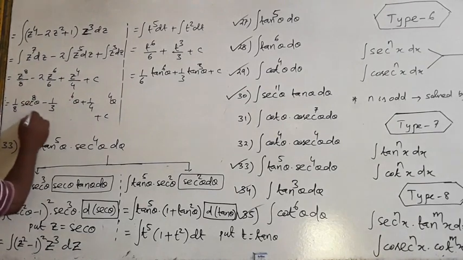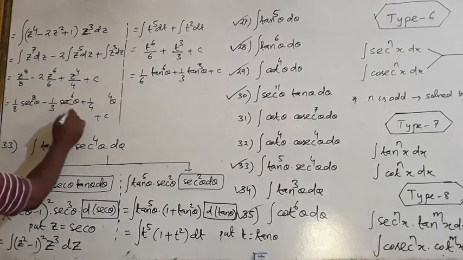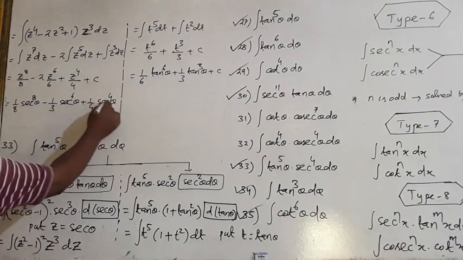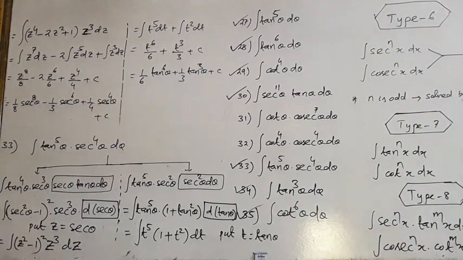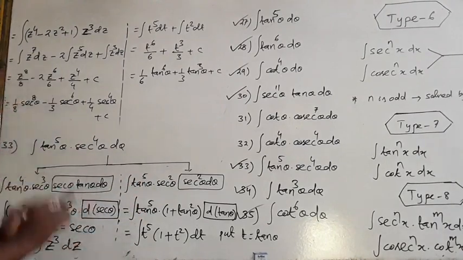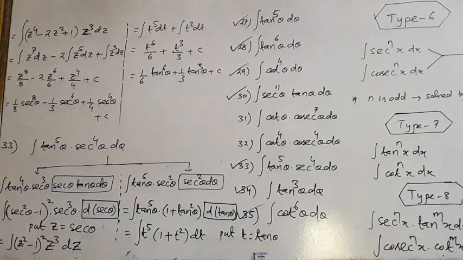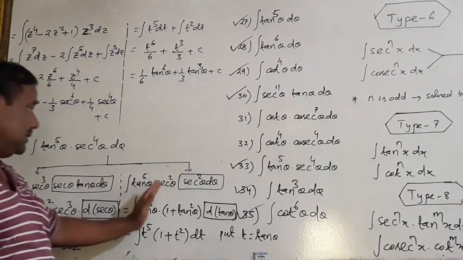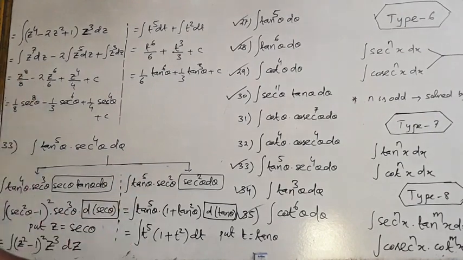It is sec 8, sec 6, sec 4 plus c. Here the total answer is in the form of sec theta, here the answer is tan power 6. But look at what you have to do. You can do by any method, by this method or by that method. But remember, this one is the easy one. Okay?